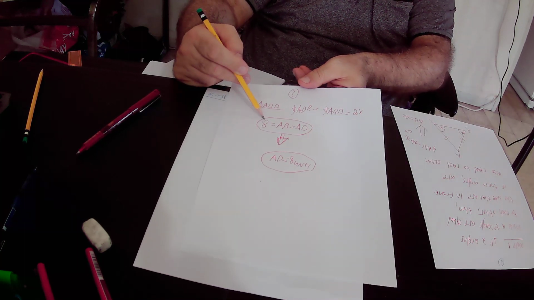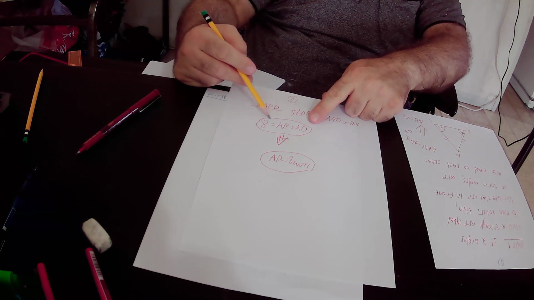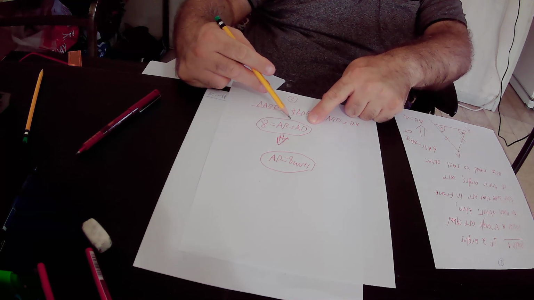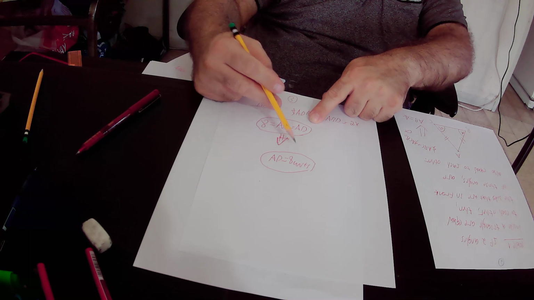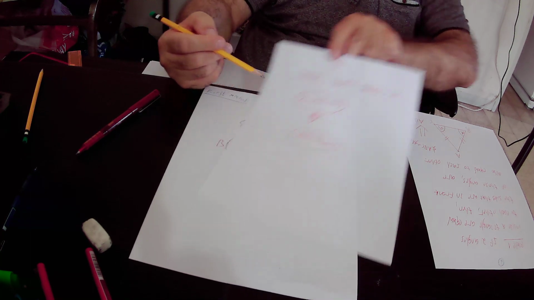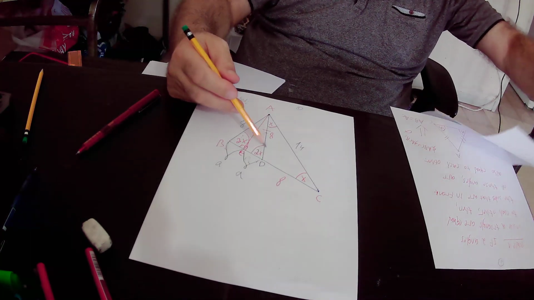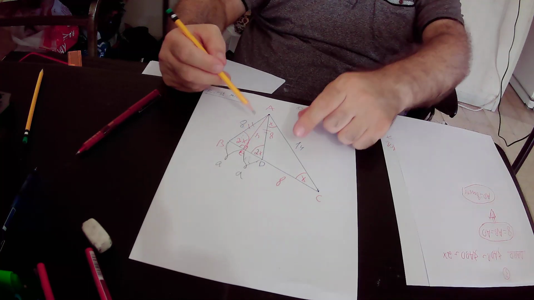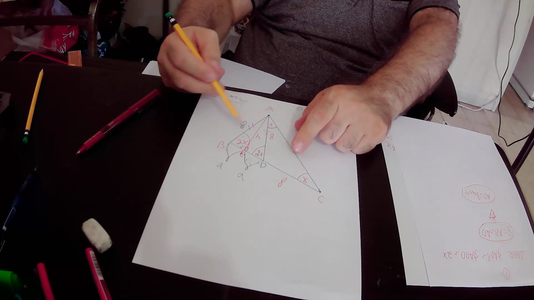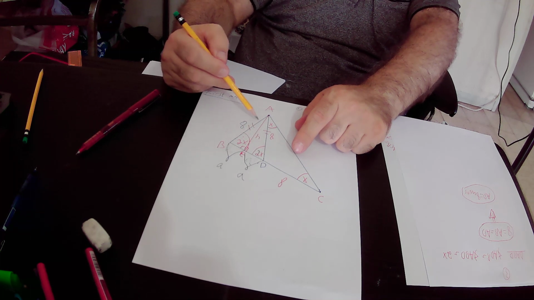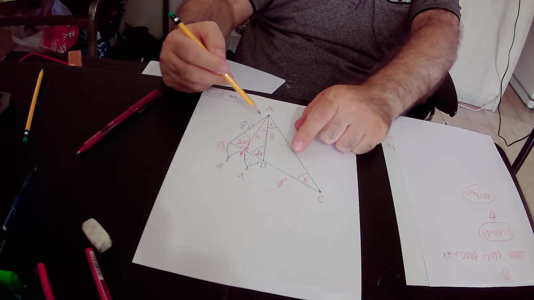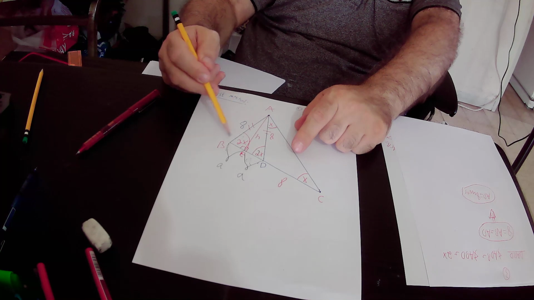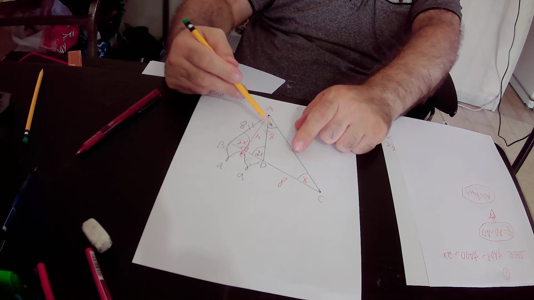So from this equality, we can deduce that AD also equals 8 units. And triangle ABD is an isosceles triangle because it has two sides that are equal to each other, AB equals AD equals 8 units.